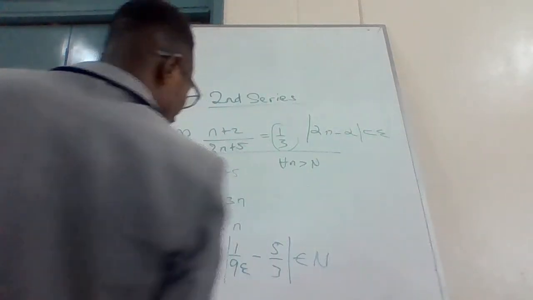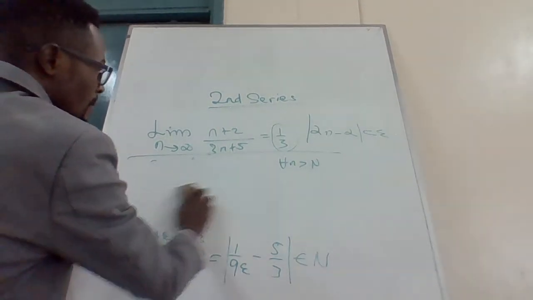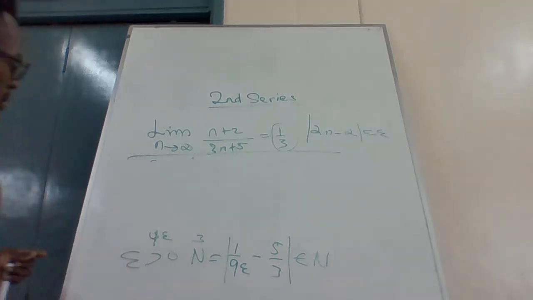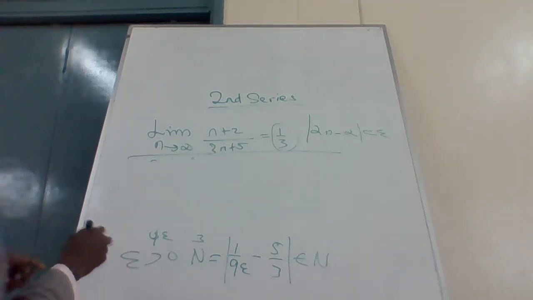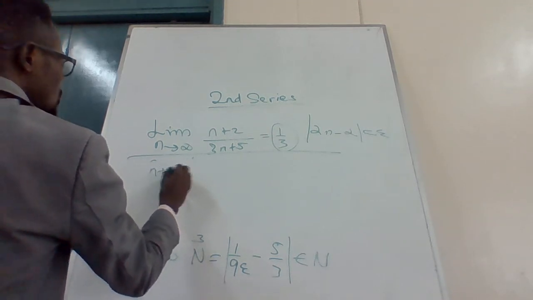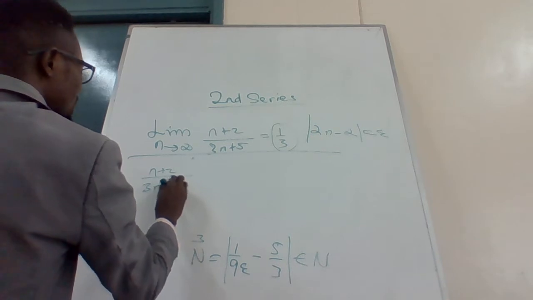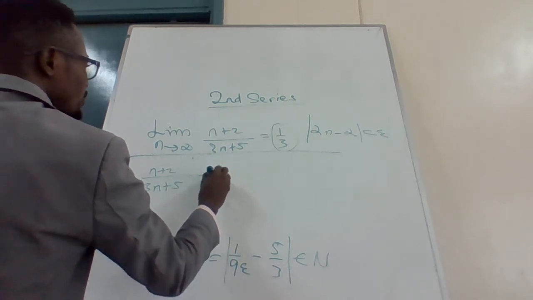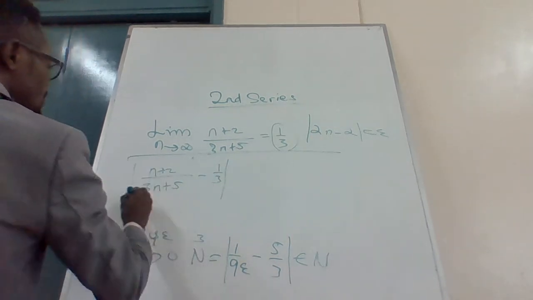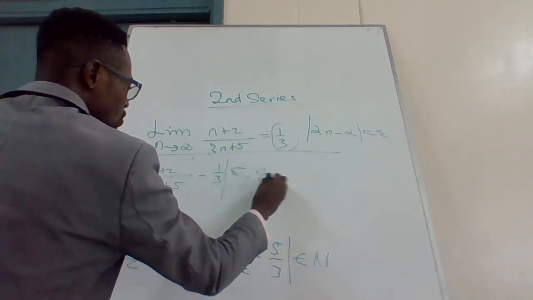So this simply means that n plus 2 divided by 3n plus 5 minus 1 over 3 is less than epsilon.